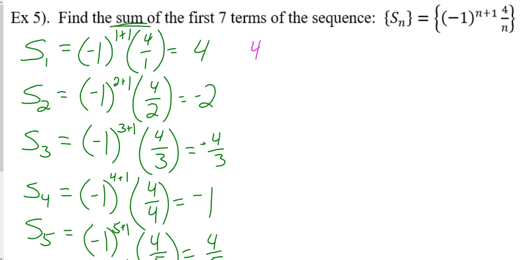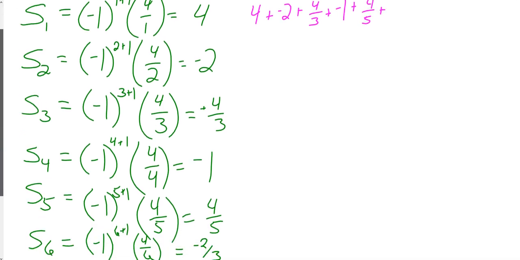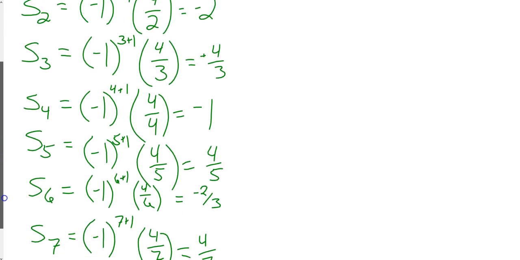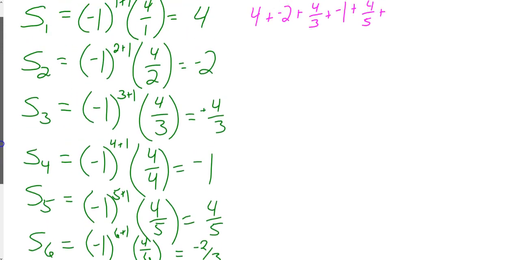So I want to take 4 plus -2 plus 4/3 plus -1 plus 4/5 plus, so I got our first 5 terms, and then we need -2/3 and 4/7.